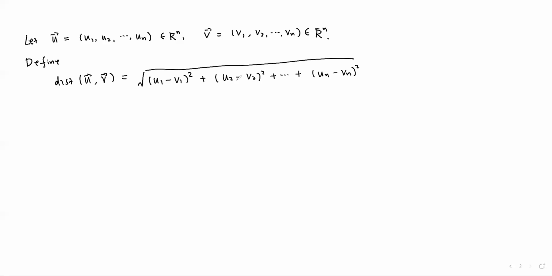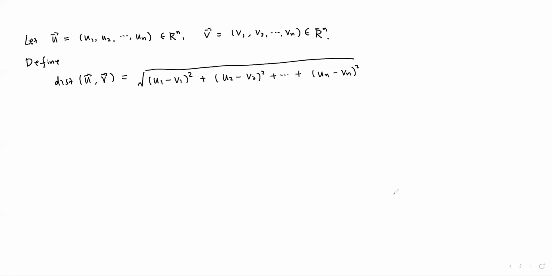We use this number as the distance between these 2 points in Rn. This is the extension of the distance from R2 to Rn.